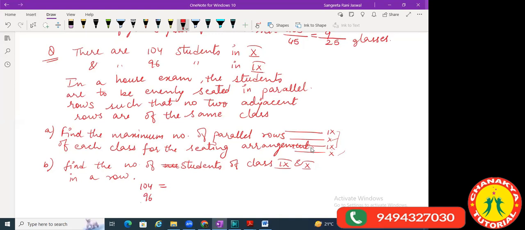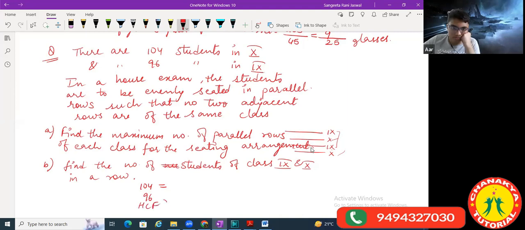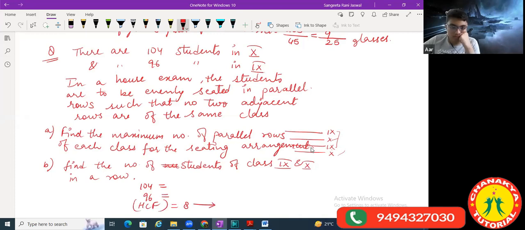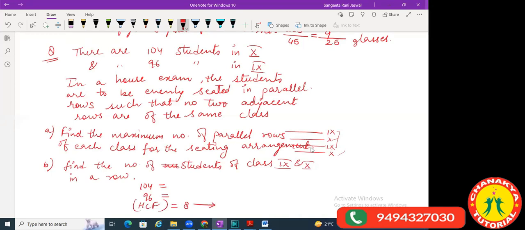So HCF is 8 means this gives you what? Ma'am, this gives you the number of students in a row. Yes. So there are equal number of students in a row, either class 9 or class 10. So you have got the second part first.